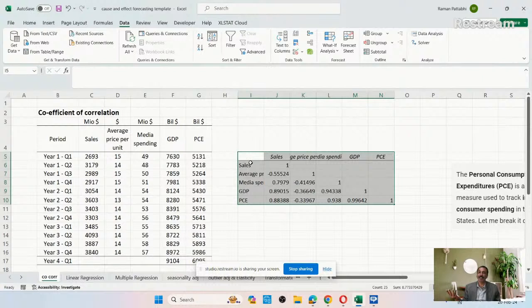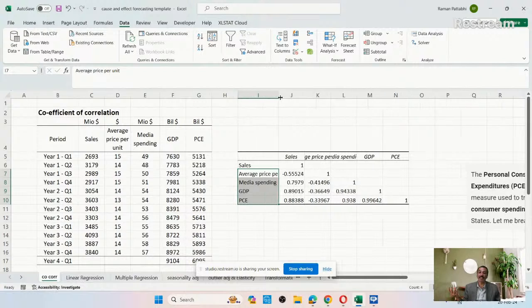Of course, here sales is the dependent factor, and all other parameters are independent factors based on which they can impact the sales. As you see, the price is having a negative impact of 55%. Media spending is roughly 79%. GDP is 89, which is the highest impact, and PCE, personal consumption expenditure, is 88%.